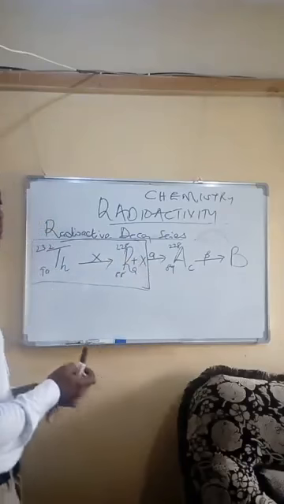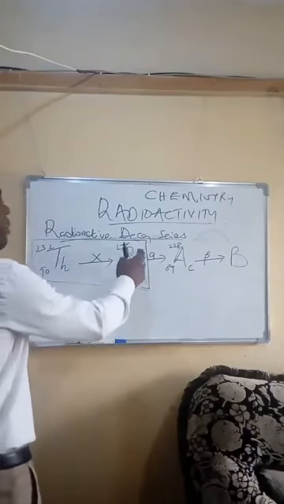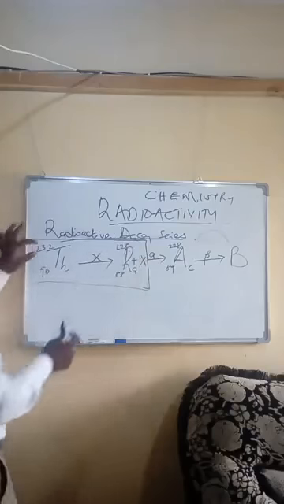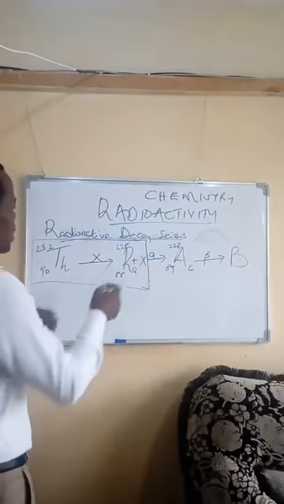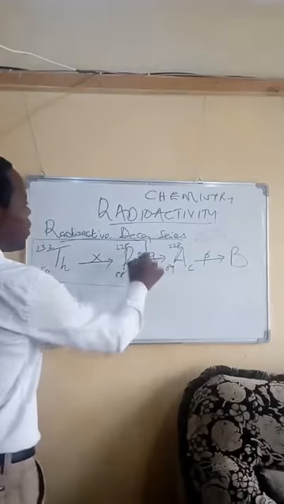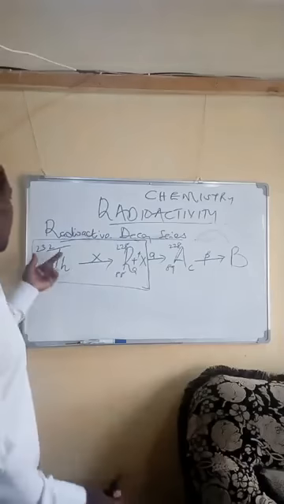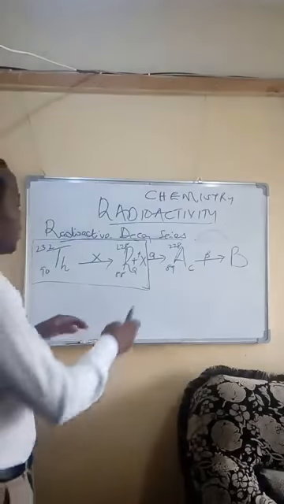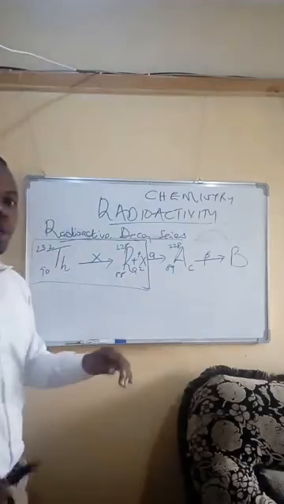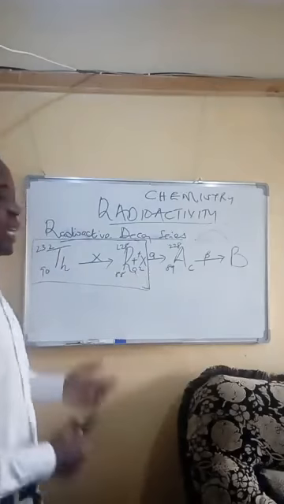This number A here is the number that will add to 228 to give us 232. This is going to be 4, because 4 plus 228 gives you 232, and the number down here obviously will be 2, so that 2 plus 88 gives you 90.